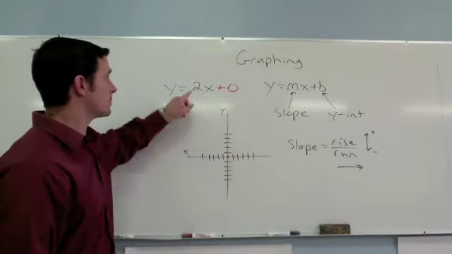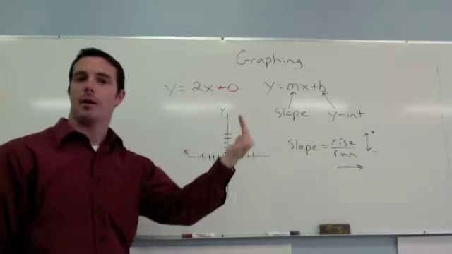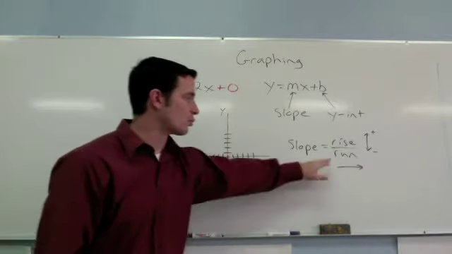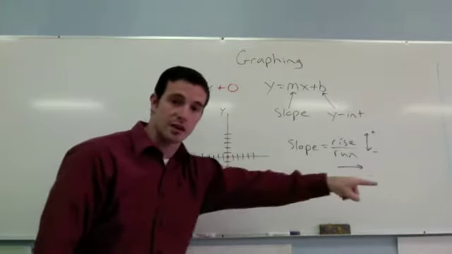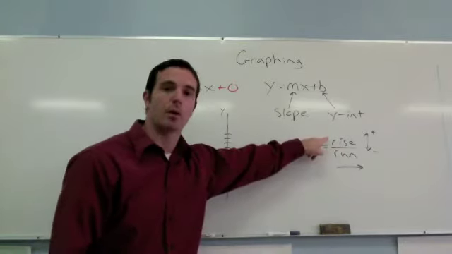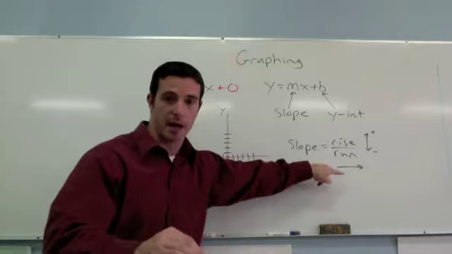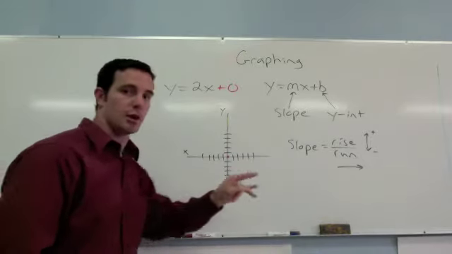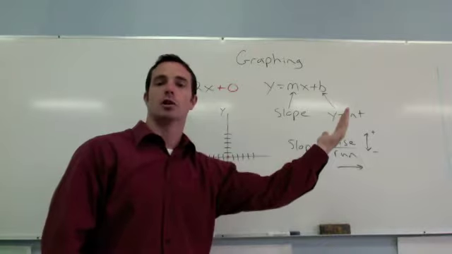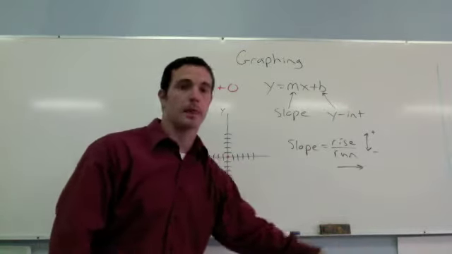So if your slope is positive, you're always going to go up. If your slope is negative, it will go down. Okay? The negative only applies to the top number. The negative does not apply to the bottom number. Your run will always go to the right.